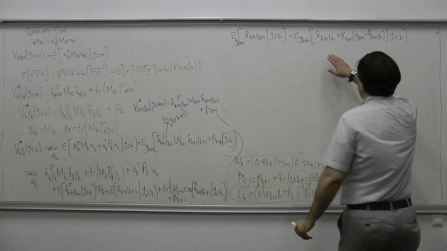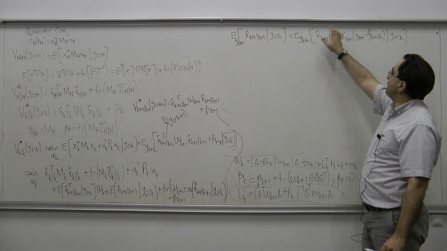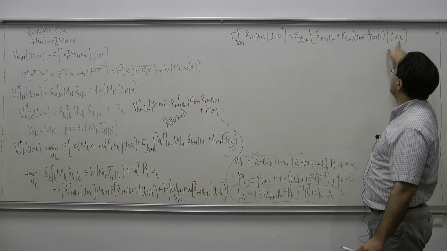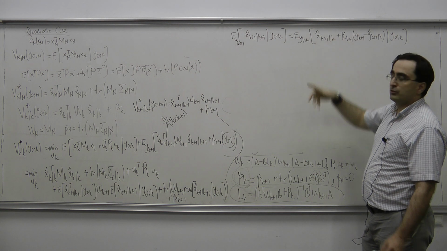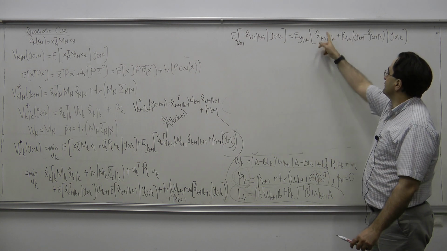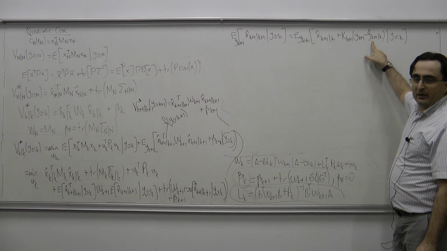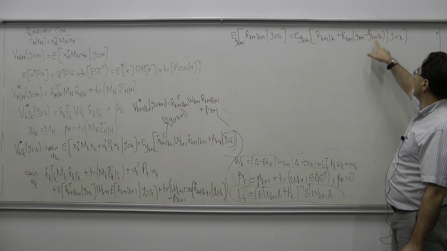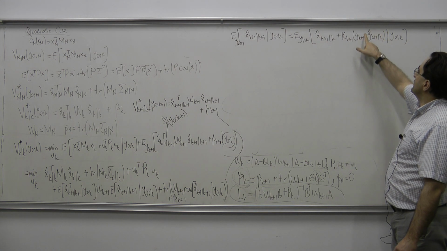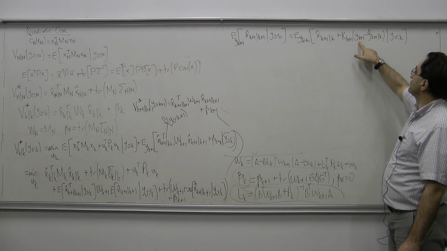So now x at k plus 1 given k is nothing but a function of y0 to k. Okay, because k is given here, so this is a function of y0 to k. So this is deterministic. And y hat k plus 1 given k is also a function of y0 to k. That means that this term is deterministic. The only thing that I need to take the expectation of is going to be this term.